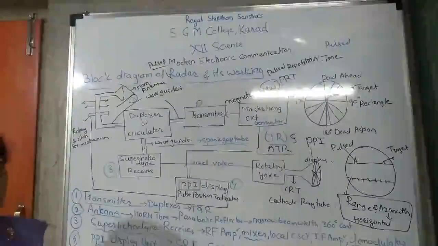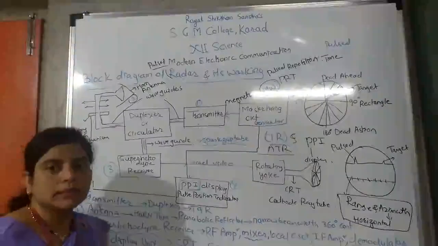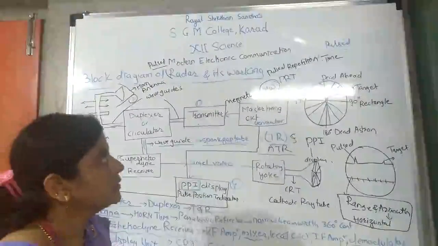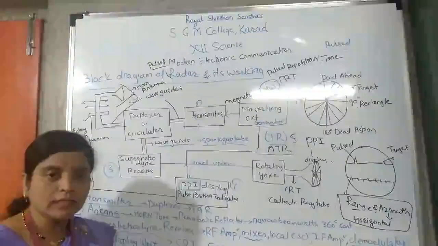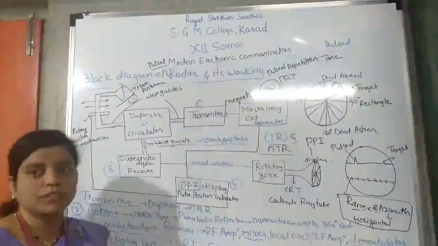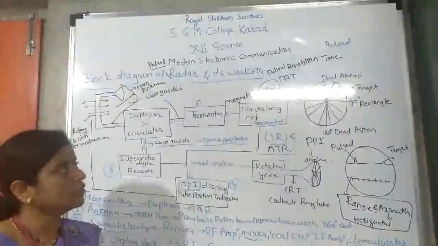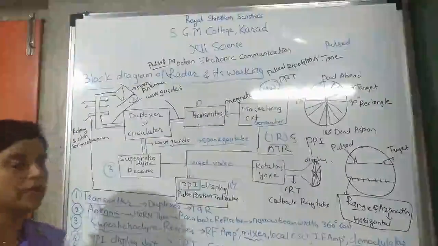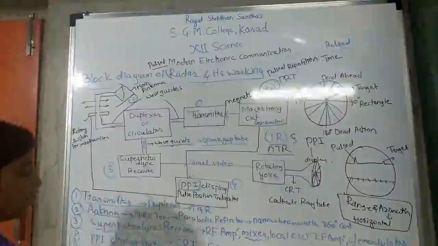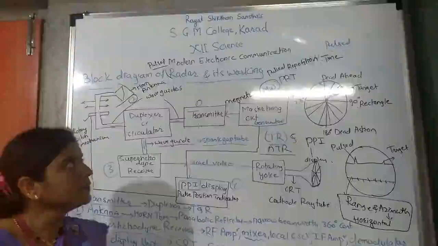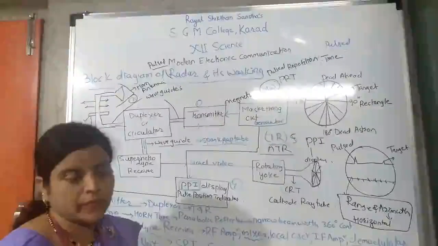The magnetron triggers the pulses, works in the microwave region, and the PRT signal is used for the display. So this overall explanation is about the block diagram of the radar and its working.